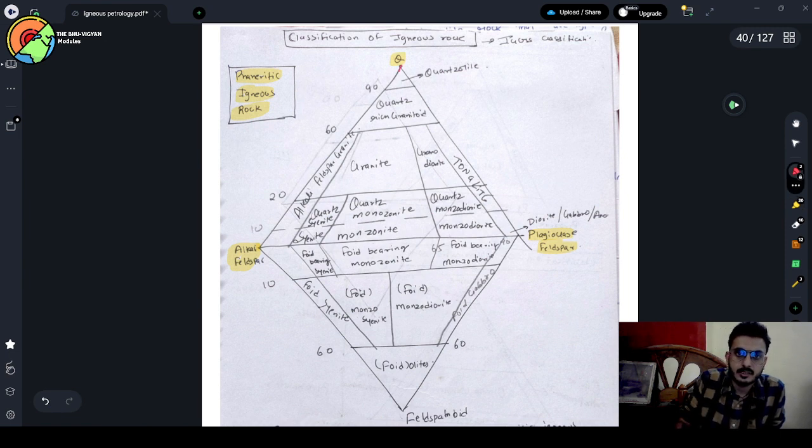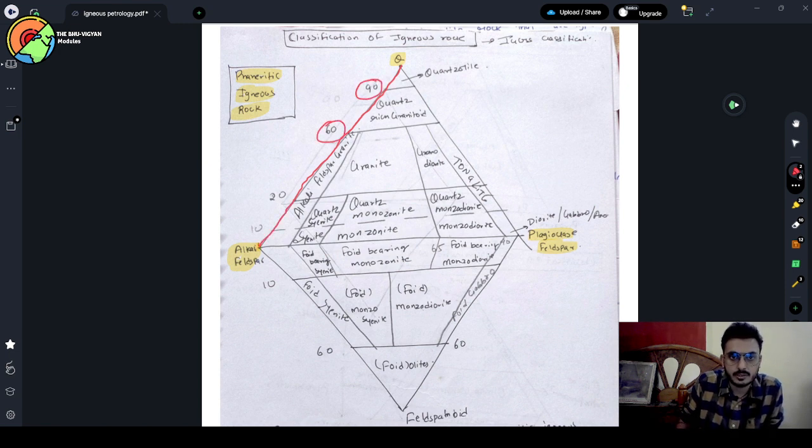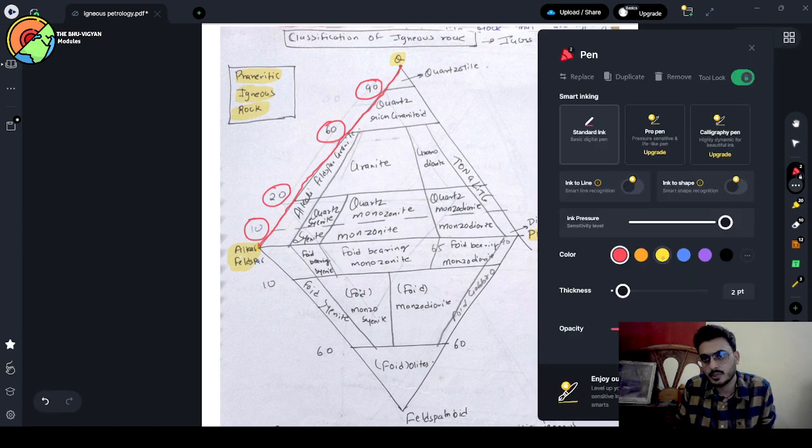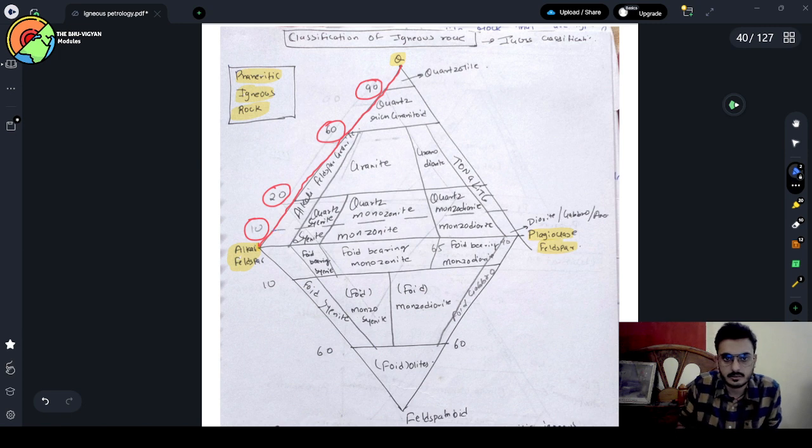So if we see this line here, here 90% quartz is there, here 60% quartz is there, here 20%, and here 10% quartz is there. So the 10% quartz line is this one.